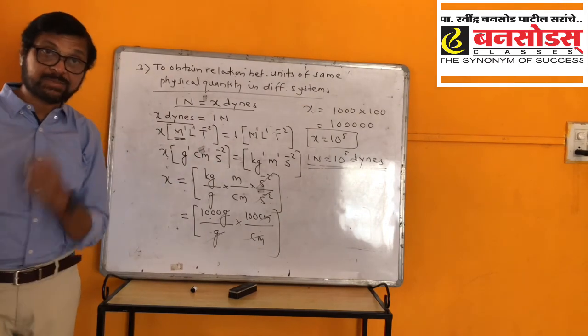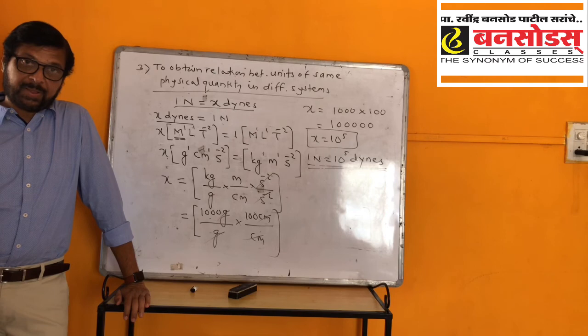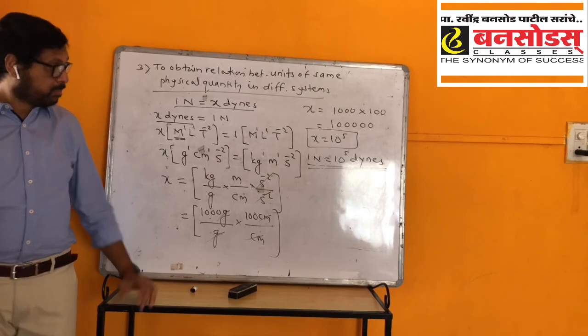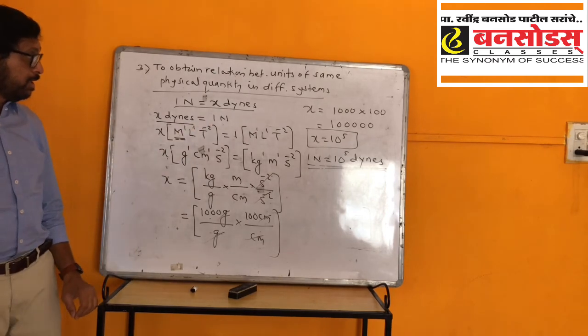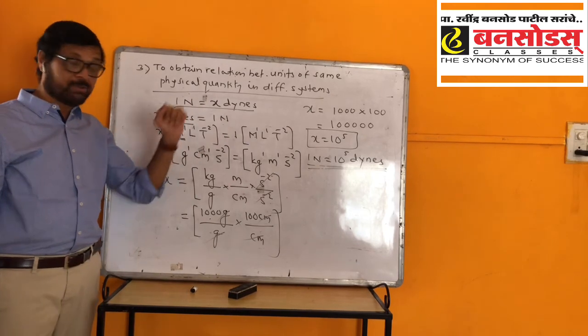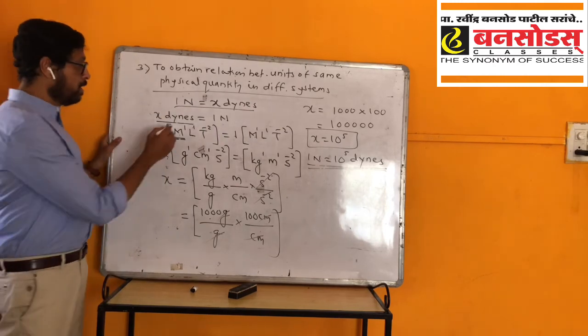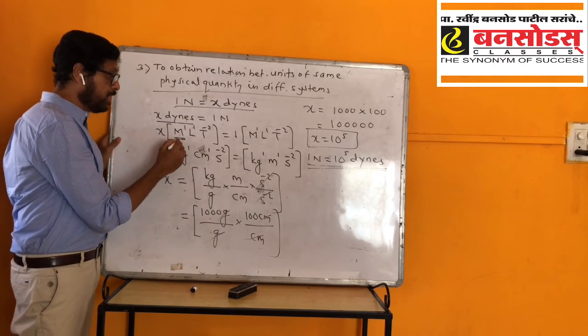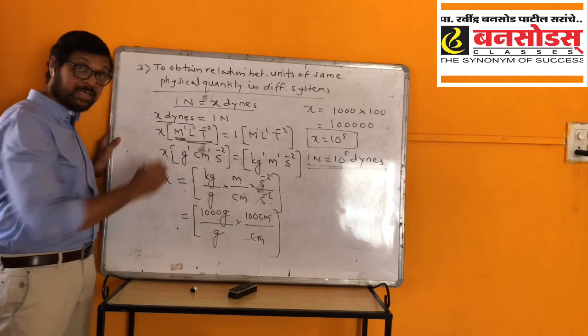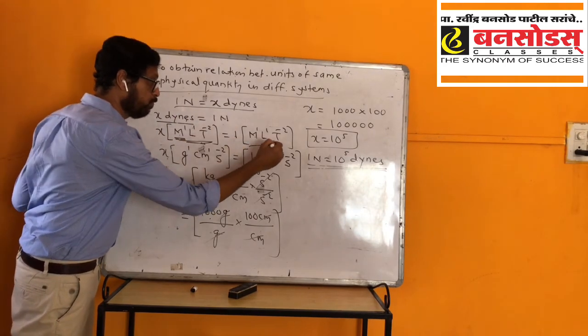Have a look at the method. You have to find the relation between Newton and dyne. So you begin with 1 Newton is equal to x dynes, or x dynes is equal to 1 Newton. In place of dynes, you write dimensions of force, because dyne is a unit of force.